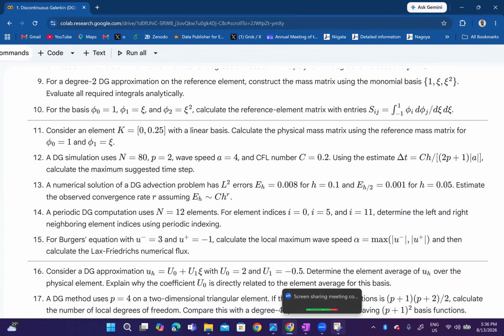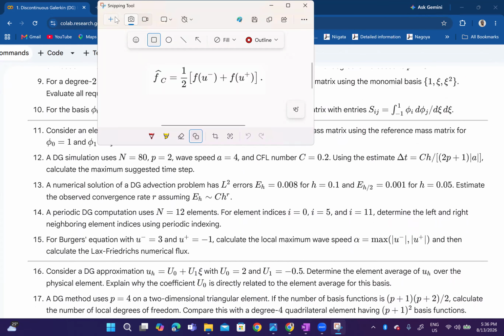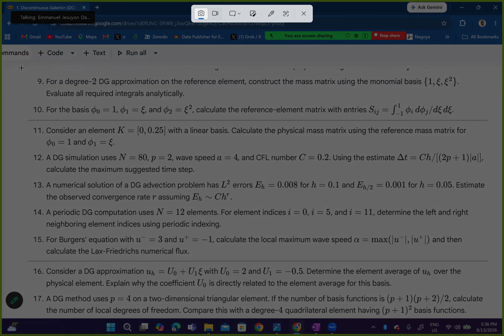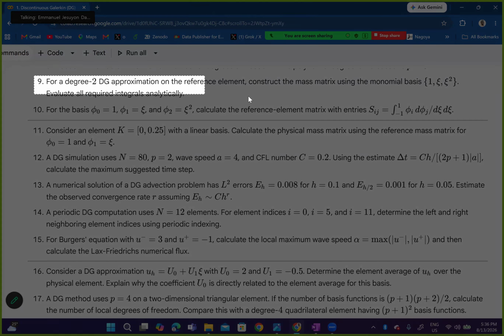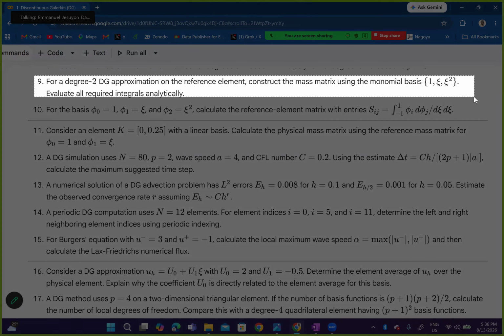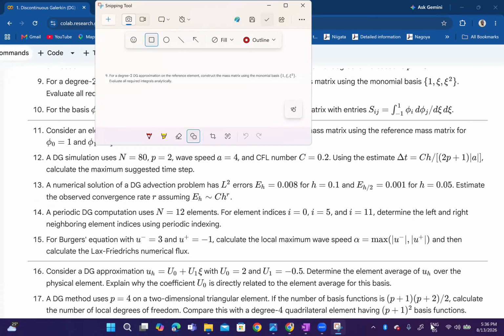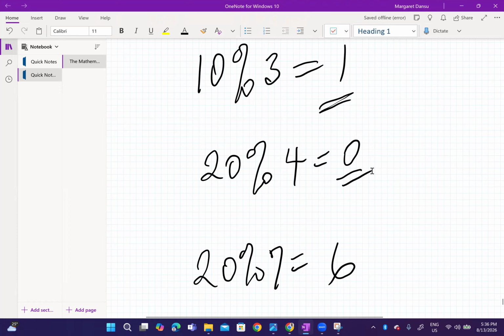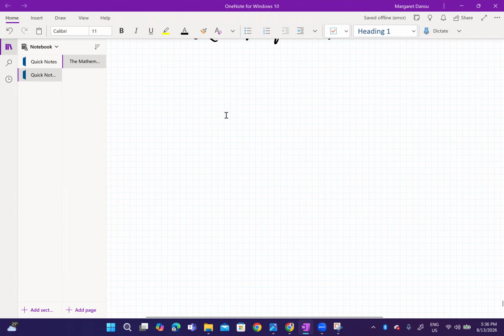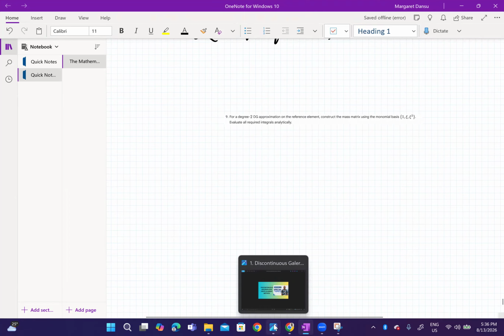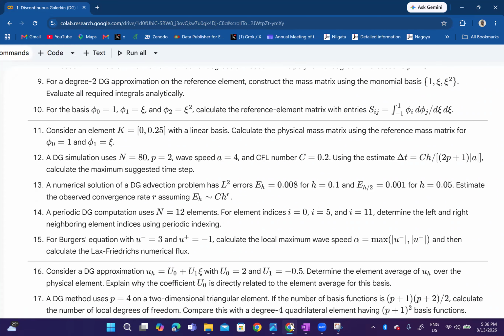Okay, so let me snip this so I can just paste it on the work page. So I'm going to do 9. I'll just copy this and paste it here. Okay, then I'll come back here. The other one I'll be solving is 12. So let me also snip 12.